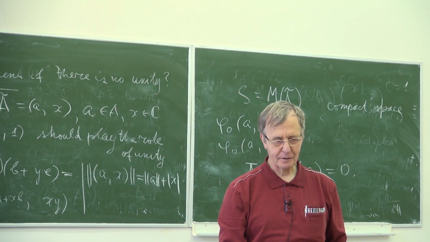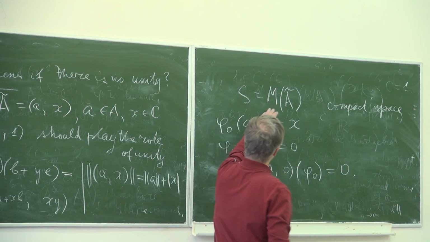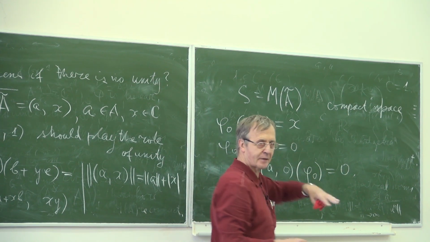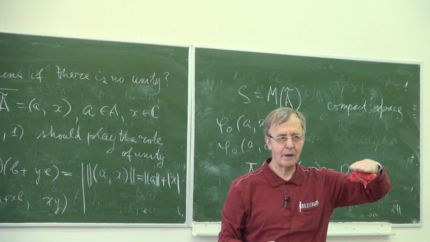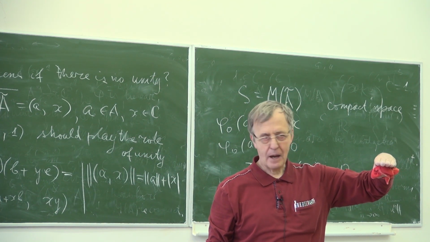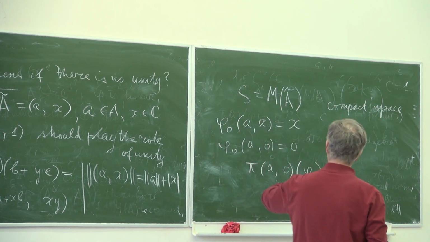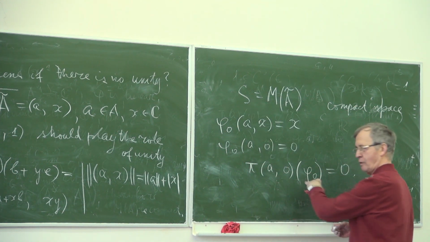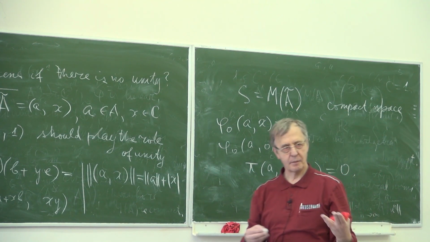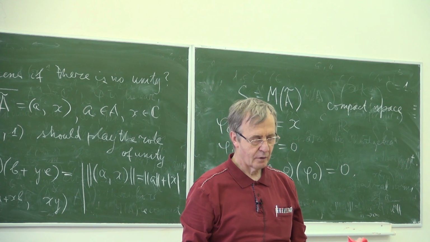After that, let us consider all multiplicative linear functionals on the algebra A tilde which are non-zero somewhere on our initial algebra. So these are all points of S except this phi 0.